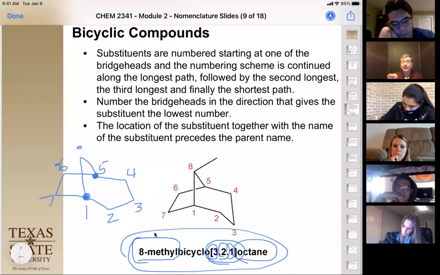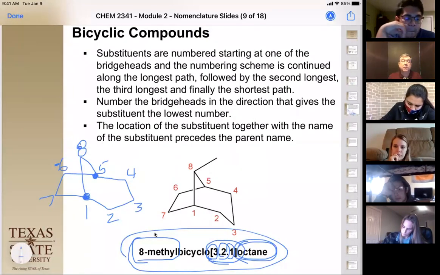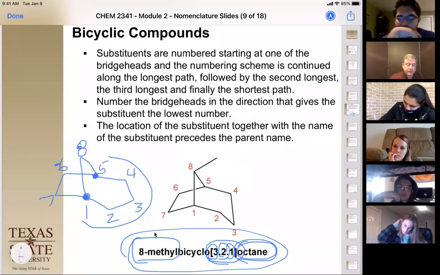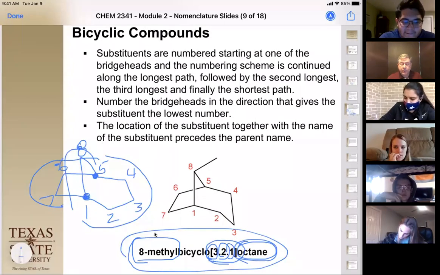And even though it's not directly attached, that last carbon becomes our 8th carbon to make our octane. Okay. So now when we look where our substituent is, because we named our longest bridge first, our second longest bridge second, and our third longest bridge last, we end up with our methyl group here is actually on the number 8 carbon.